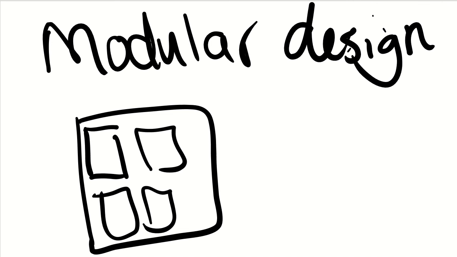They don't change. Once you make a module, it doesn't change dynamically, right? It's the way it is. It's fixed. And in programming, you know that you use while loops and for loops.